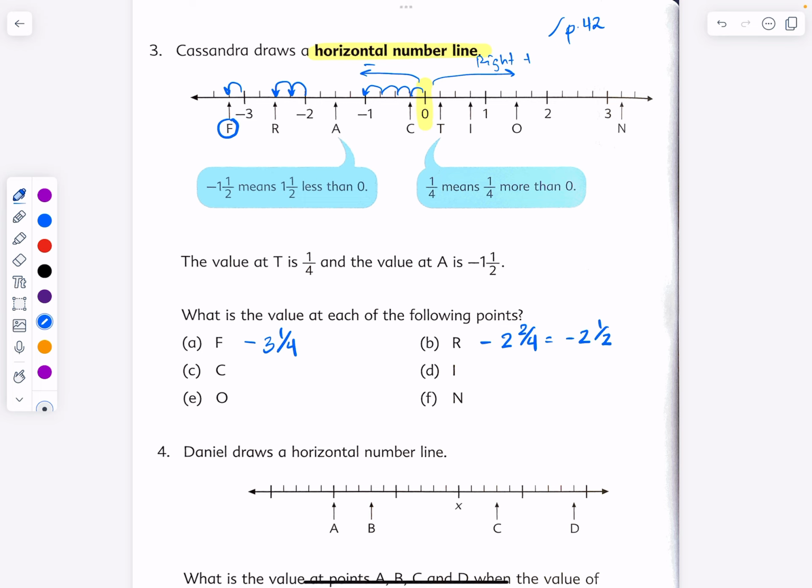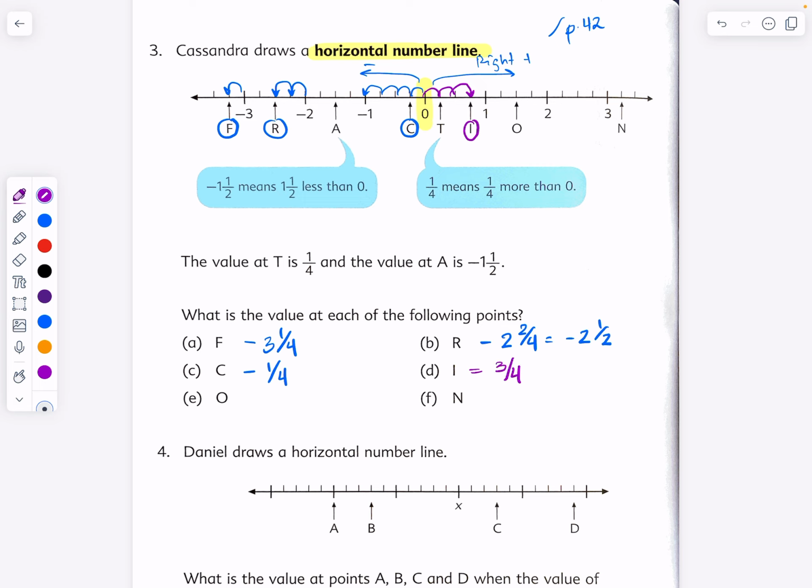Now, letter C, C for Charlie. We actually already identified letter C, and that was negative 1/4. It's very close to zero. Letter I for igloo is on the positive side. 1/4, 2/4, 3/4. Letter I is positive 3/4.